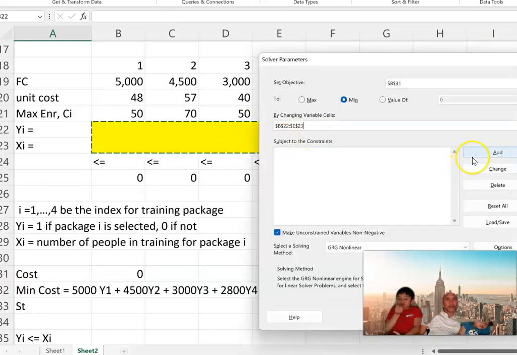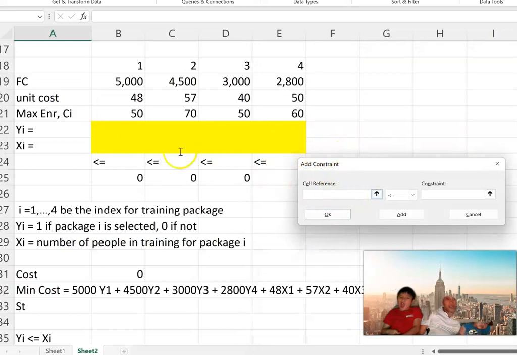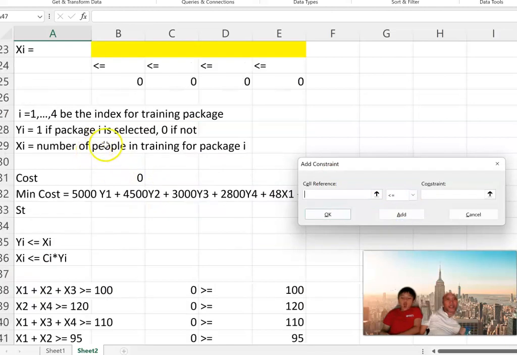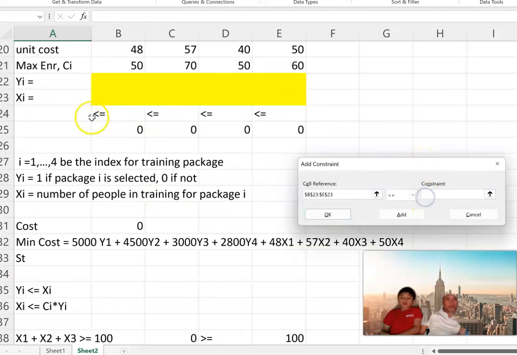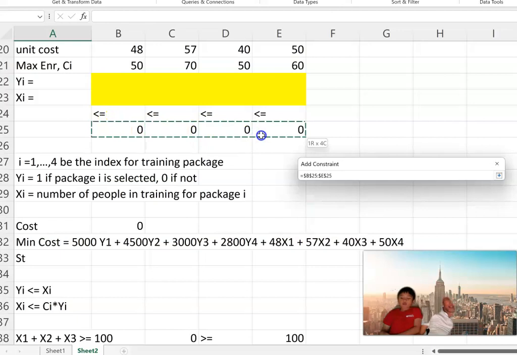These are the decision variables, and the constraints: first is that yi is binary. Next is that xi is an integer, and then that xi is less than or equal to ci times yi.